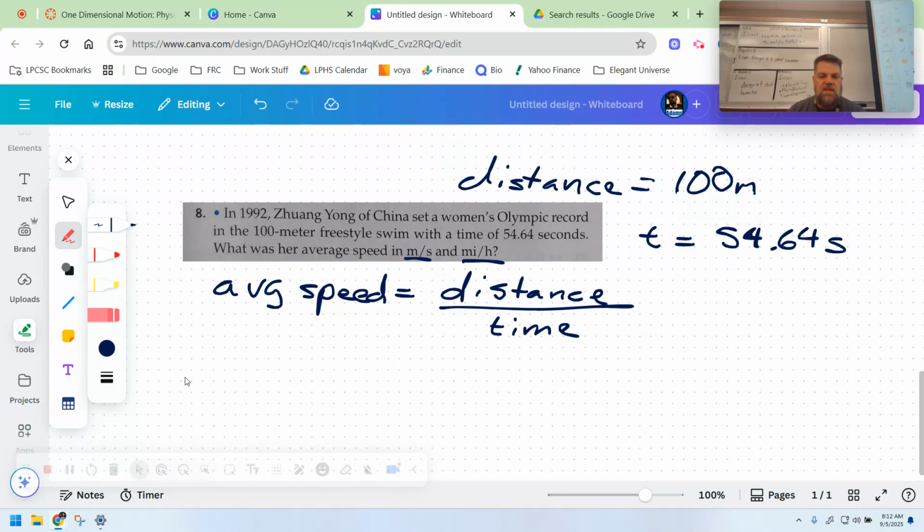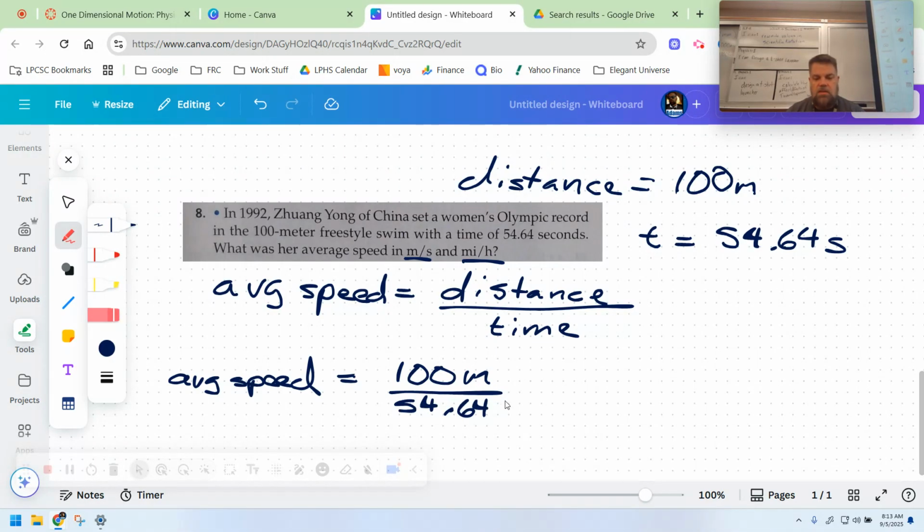I'm just going to say that my average speed is equal to 100 meters over 54.64 seconds.